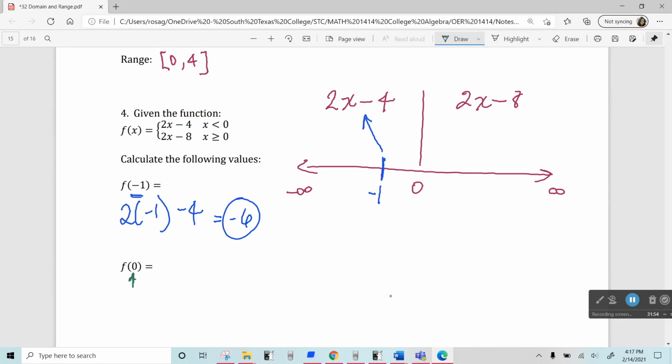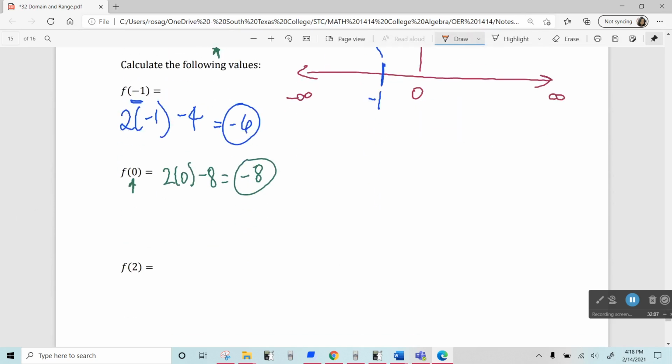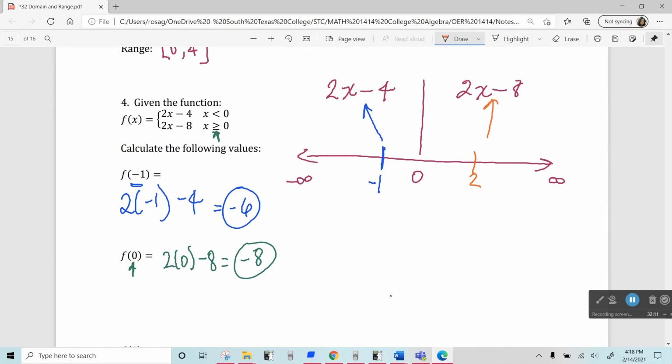The 0 falls right on the middle, so if that's the case, you're going to look for the equal. That one right there, so I'm going to use this one. And then the 2 falls right here, so I'm going to use this one.